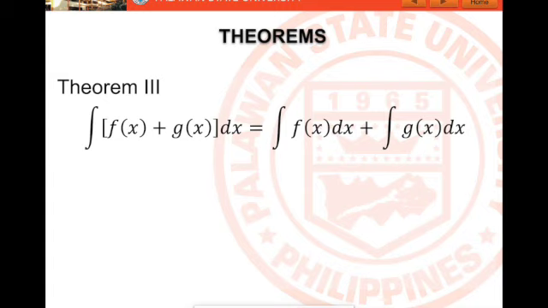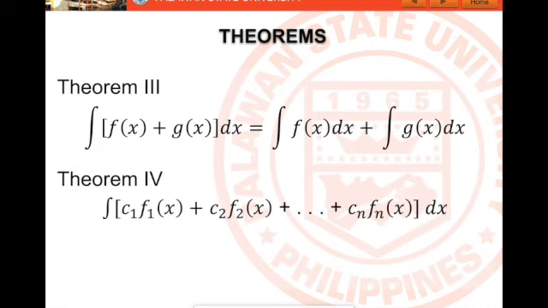So now let's go to theorem number 4. This one is about an n number of functions separated by plus and minus signs with constants of their own. So this one, c sub 1 f sub 1 of x plus c sub 2 f sub 2 until c sub n f sub n of x dx. So we integrate that the same way.